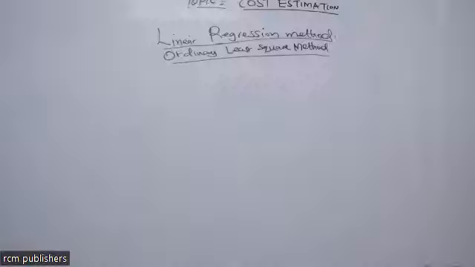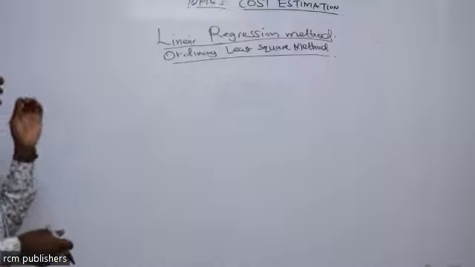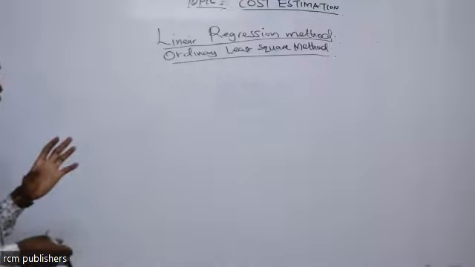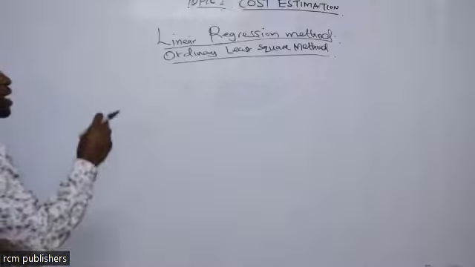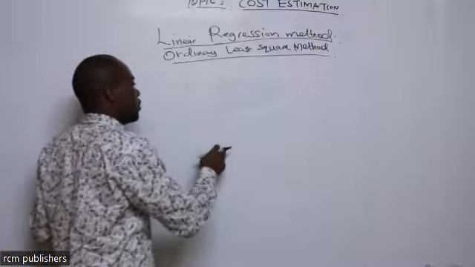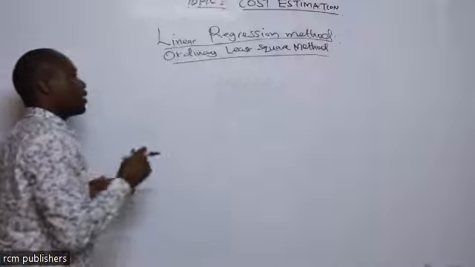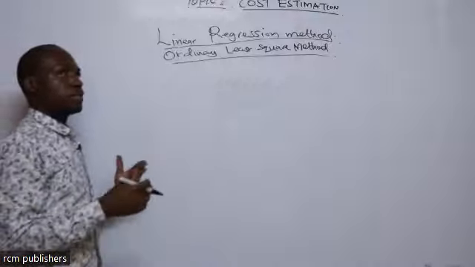So for the regression method, we have to know two things. We have to identify X and Y, very important, whereby X remains to be the independent variable and Y remains to be the dependent variable.